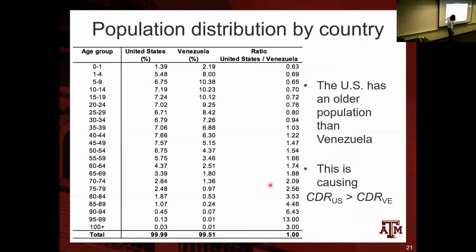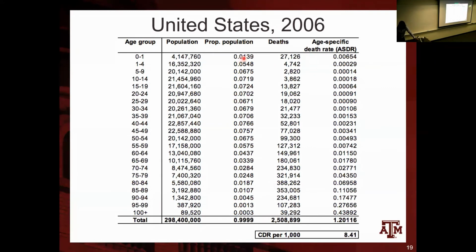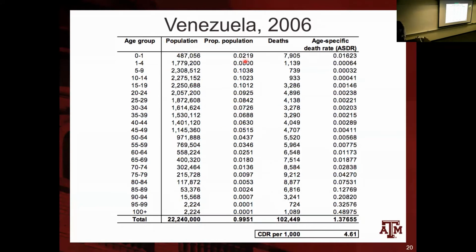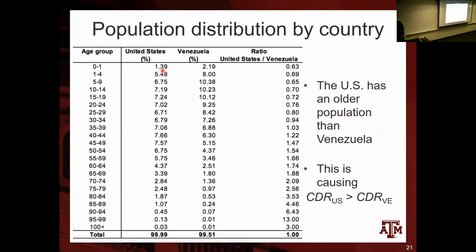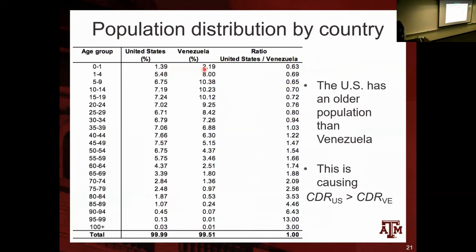So just taking that column of the proportion and now multiplying by 100. For example, here for the US, this number multiplied by 100, 0.0139, 1.39. The same thing for Venezuela, 0.0219, 2.19. And they all add to around 100%. Just to see how these populations have different age composition.